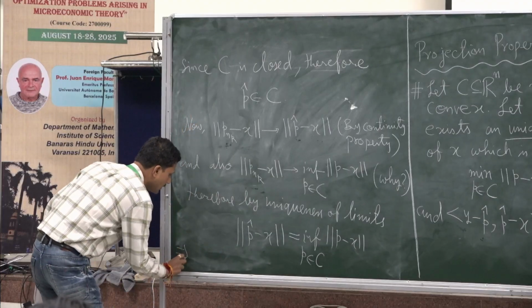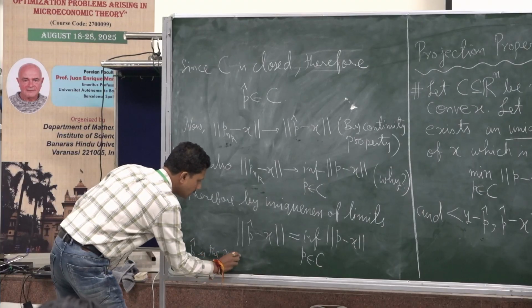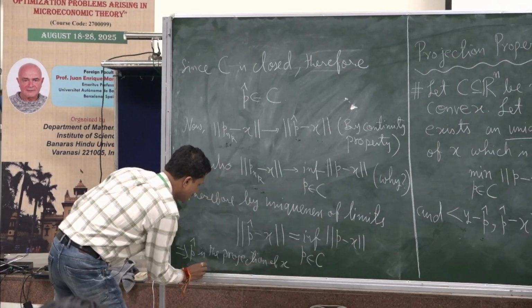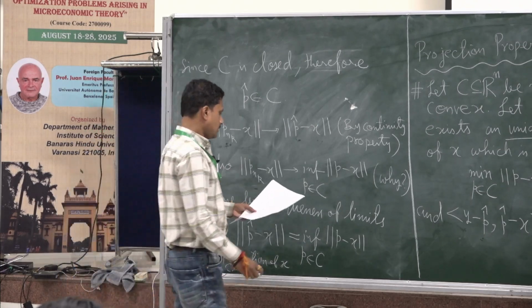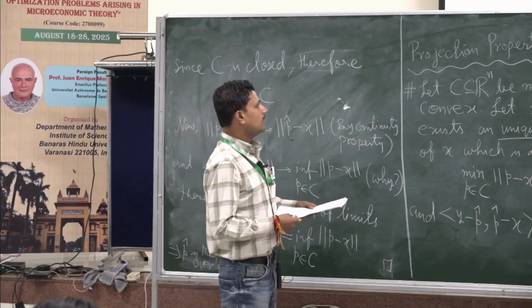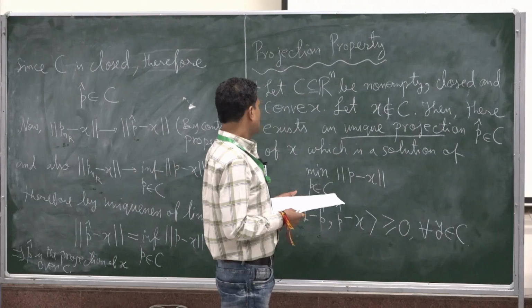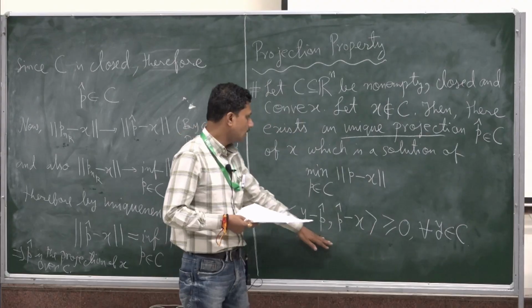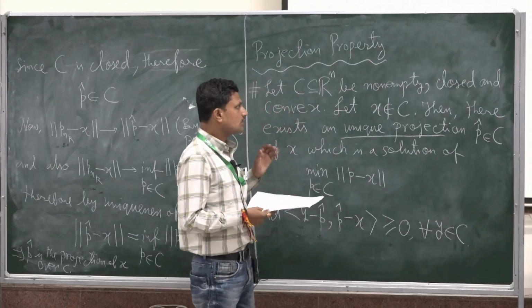So that implies that P hat is the projection of X over C, right? So this is one thing that we wanted to show, that this is the projection. Now we have to show the projection property, that with this point this property must be satisfied.